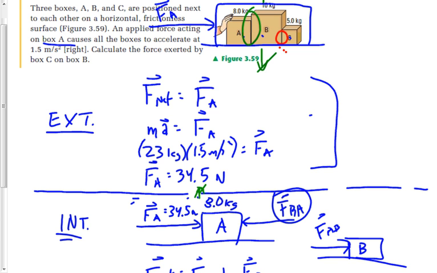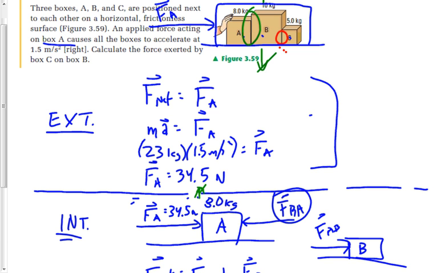Let's say that you're up against a wall, some kind of movable wall type thing, and I push you with a force of 10 newtons. Not very hard. As I push you, the wall starts moving as a result of that, right? I push on you, you push on the wall, the wall starts moving.